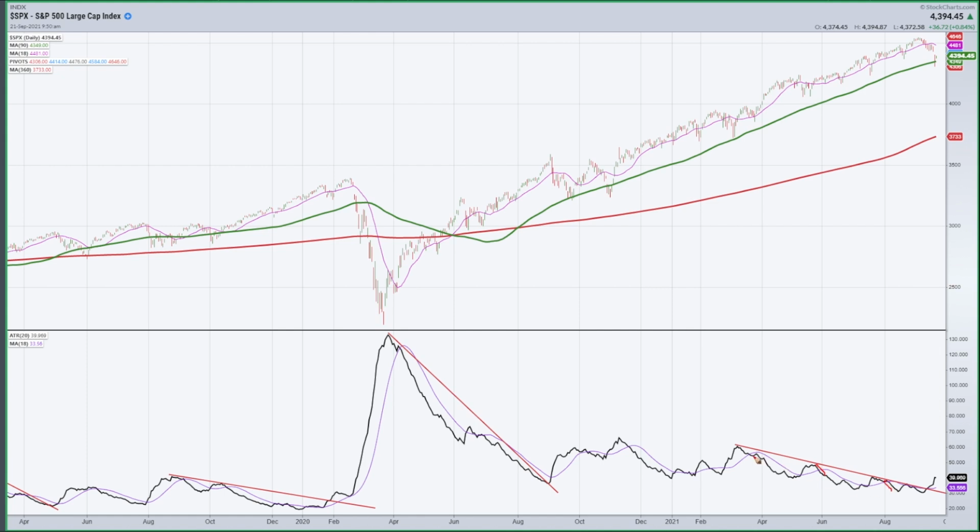We've done that a few times over the course of this year, and it hasn't had any follow through. I'm looking for that period where we test the line or the moving average or the trend line and then turn back up. If we have that, that really tells me that there's been a shift in the mentality in the market, and volatility is truly moving to the upside.